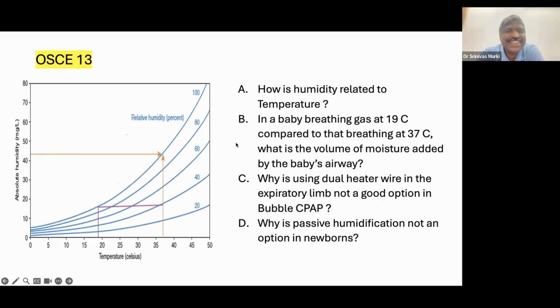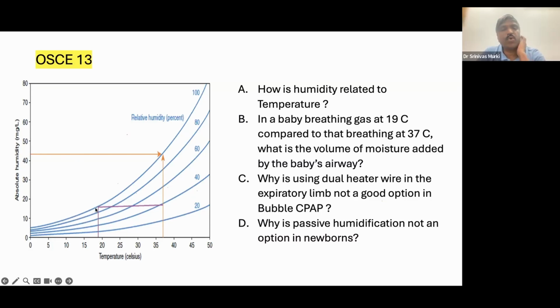Dew point. Yeah, I think it's a concept you should understand that with increasing temperature, the relative humidity will fall. So there is no way humidity can increase. When you increase the gas temperature, the relative humidity will fall. Why does it fall? Because from this graph, if you see, as you increase the temperature, the ability to hold moisture will increase.